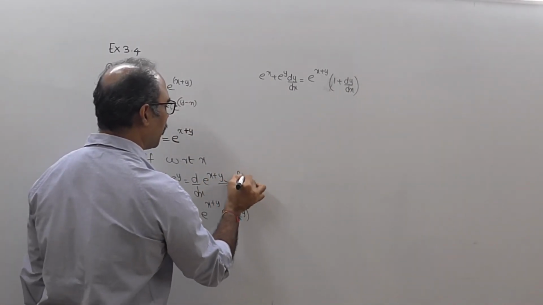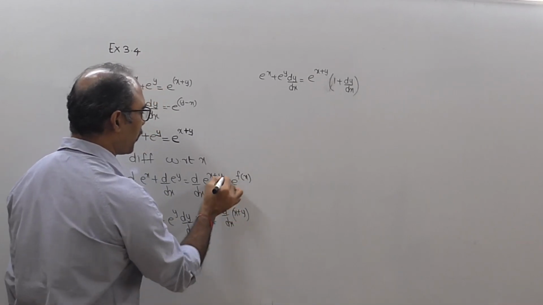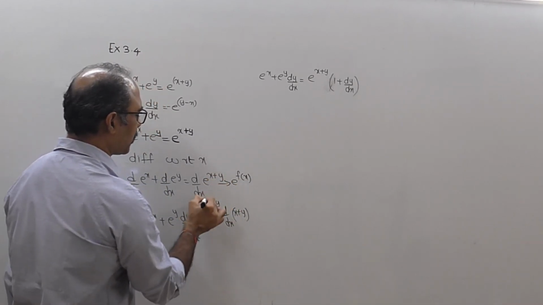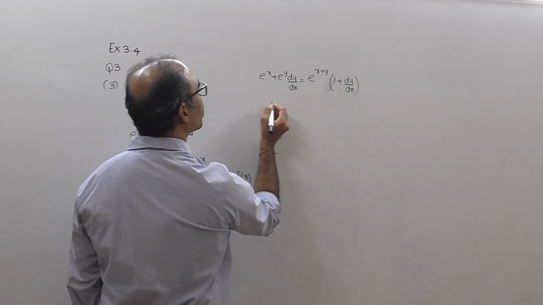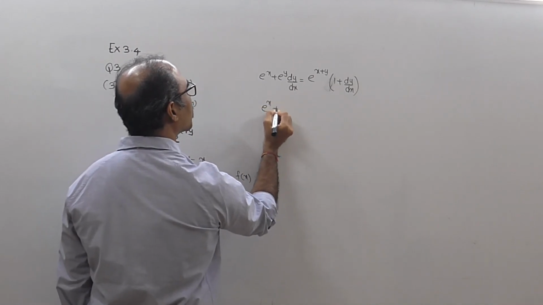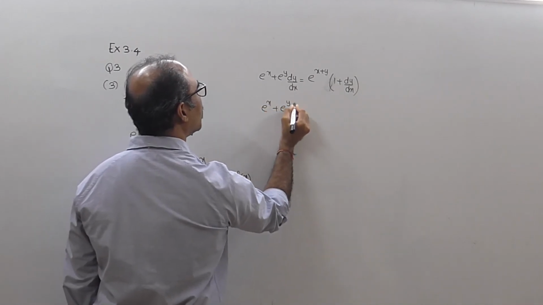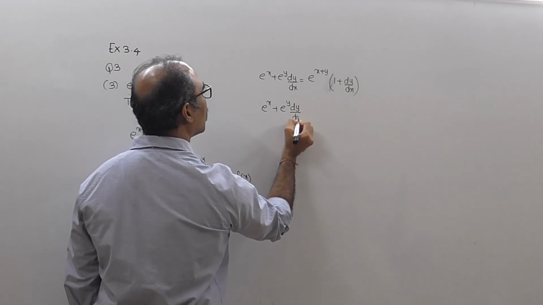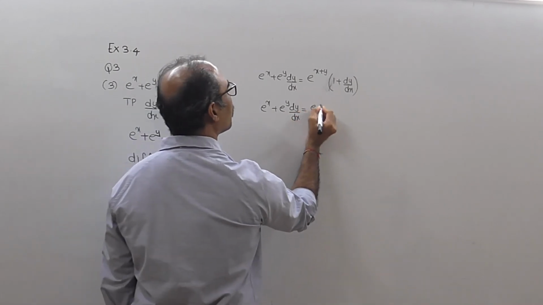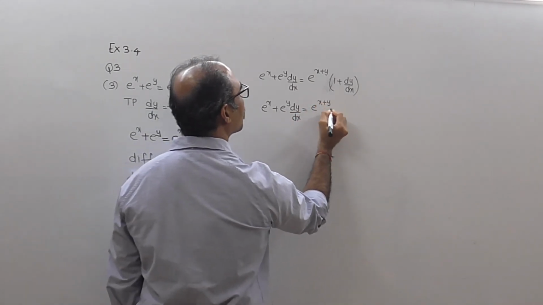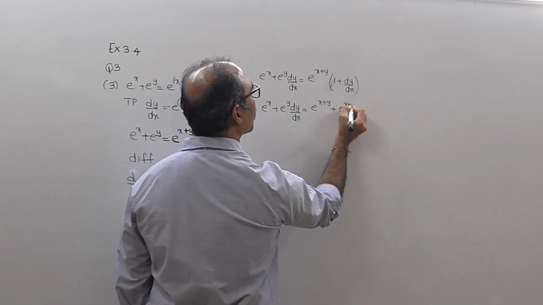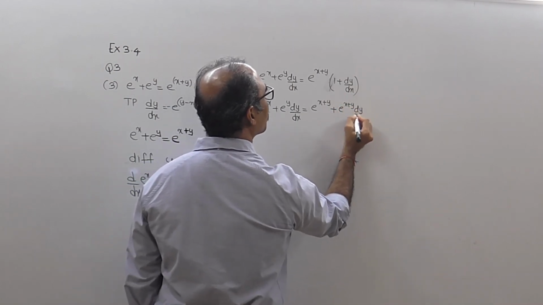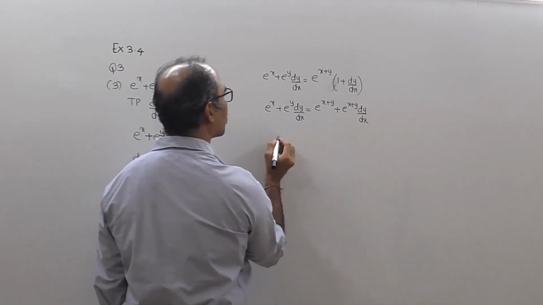So what is the derivative of e raised to f of x? e raised to f of x d by dx of f of x, right? So the derivative of x is 1, the derivative of y is dy by dx. e raised to x plus e raised to y dy by dx equal to, this will be e raised to x plus y into 1 is e raised to x plus y, and this will be e raised to x plus y into dy by dx.